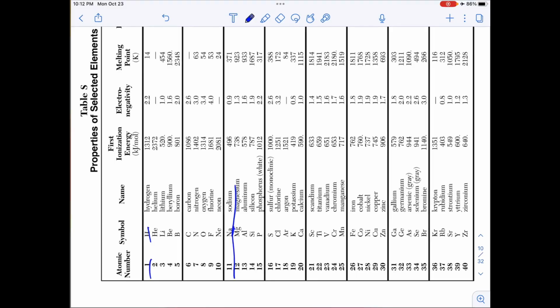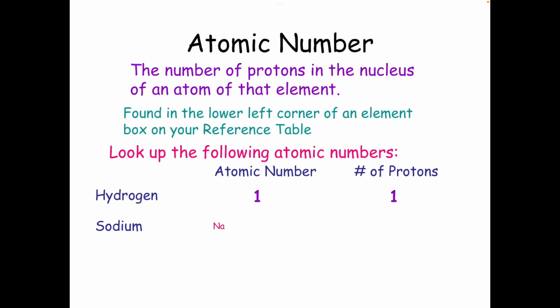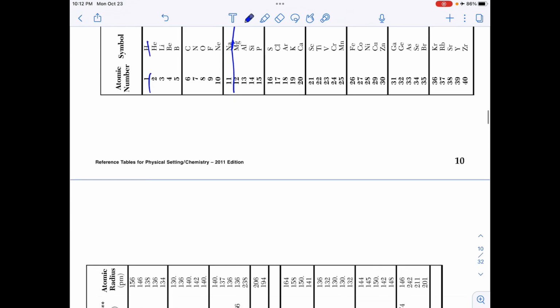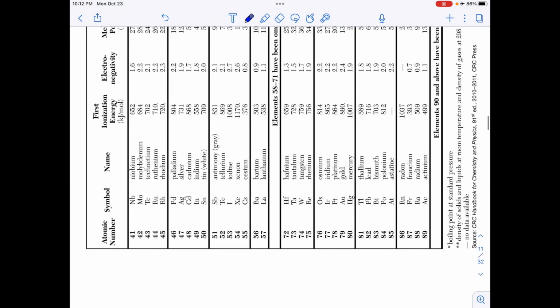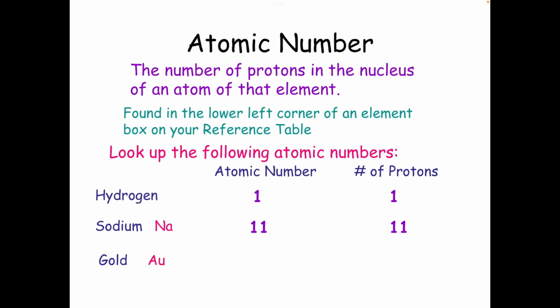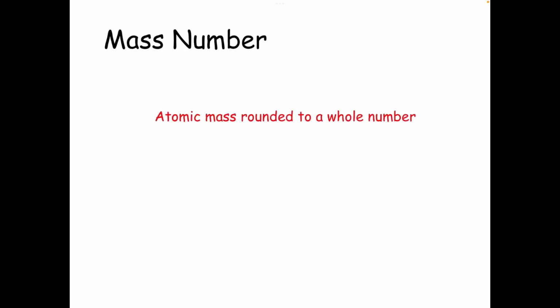Atomic number 11, which means 11 protons. Gold. What is gold? Gold is Au, 79, I think? Yeah, gold. So if it's atomic number 79, it would be 79 protons.